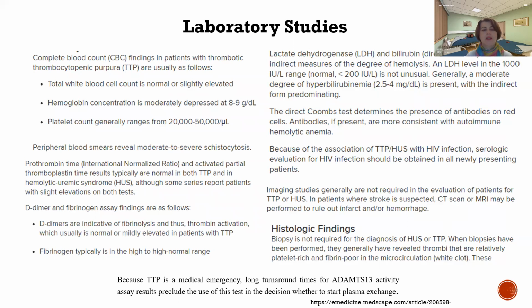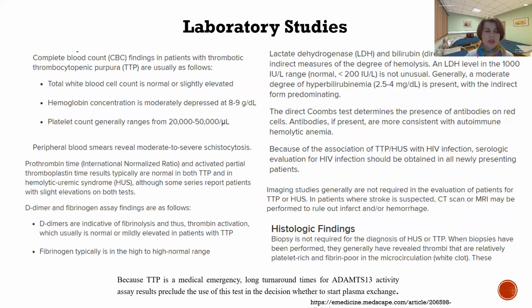Prothrombin time and activated partial thromboplastin time results are typically normal in both thrombocytopenic purpura patients and in hemolytic uremic syndrome, which is another form of thrombocytopenic purpura. Also, some studies report patients with slight elevation of both tests.